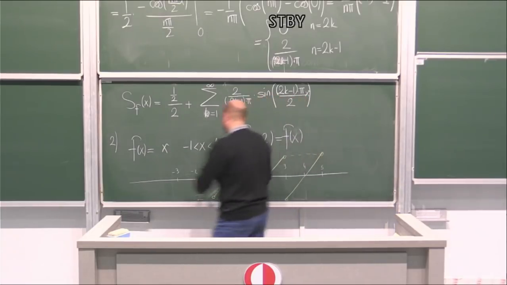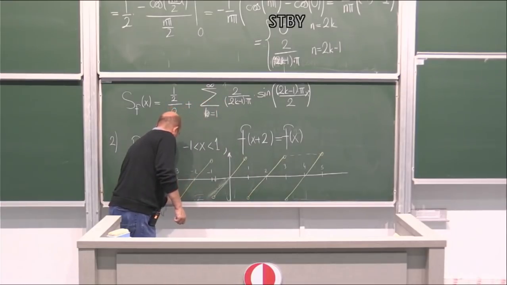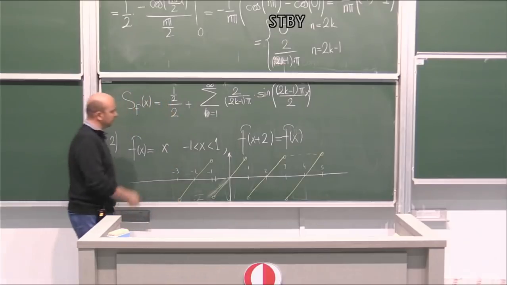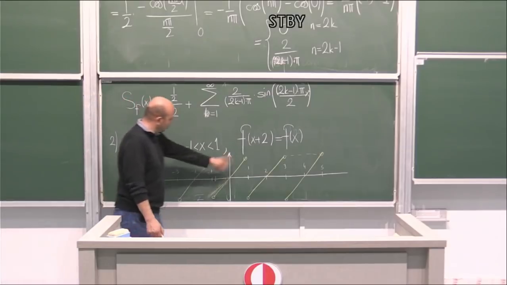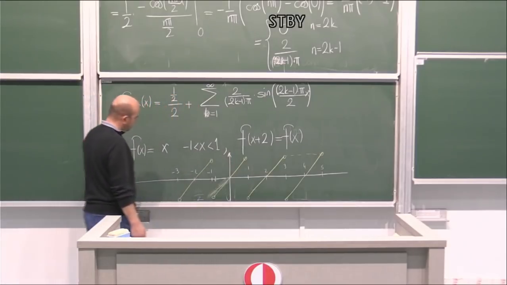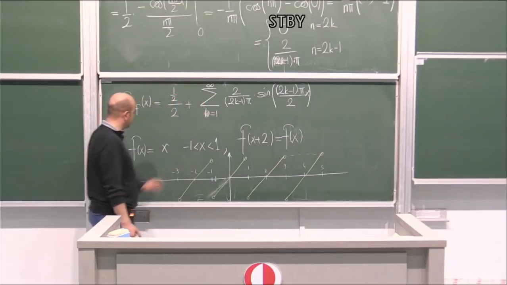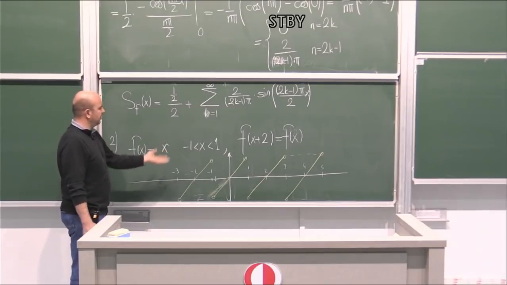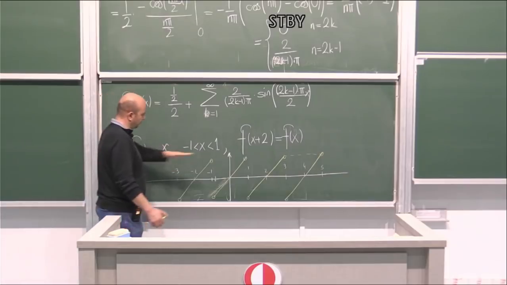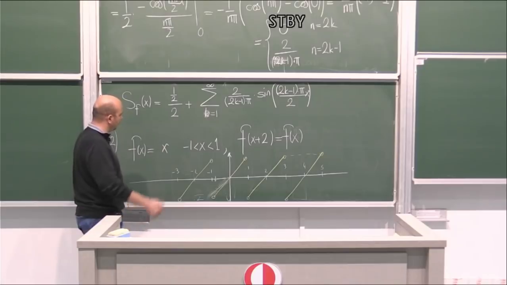It goes like this. So this is the function we are talking about. It's a piecewise continuous function. We have jumps at -1, 1, 3, 5, vice versa, at odd numbers. And it's piecewise continuous. If you take the derivative of x, it is 1, so we have a constant. So it's piecewise continuous and periodic, so we will have a Fourier series for this function.